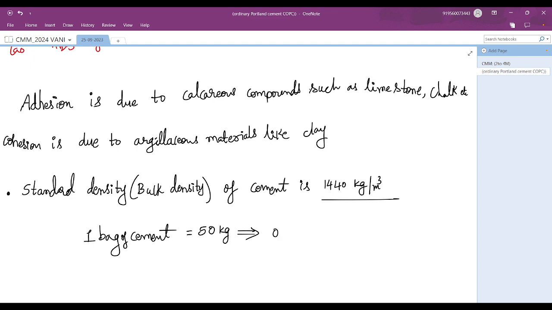This comes out to be 0.035 meter cube, which is 35 liter. So one bag of cement is having 35 liter volume, because one bag of cement weighs 50 kg and standard density is 1440 kg per meter cube. Clear all of you with this concept?